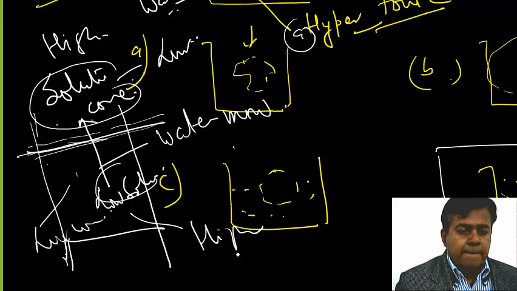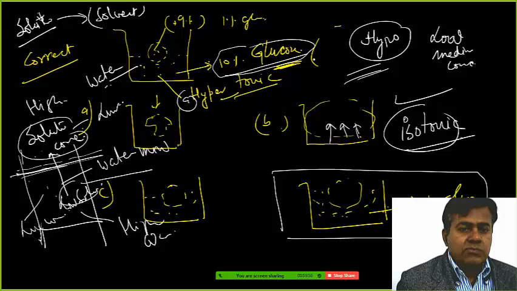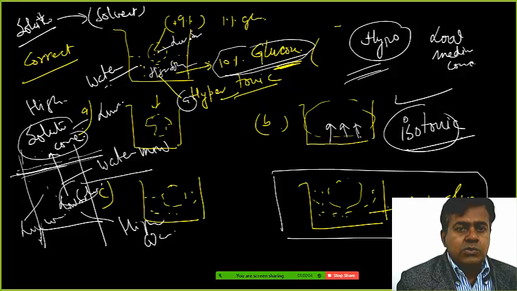So water is going to move from this area to this area. That's why whatever the water is going to shrink, this is high solute, this is low solute. Now water is coming out. Getting point? Water is coming out.